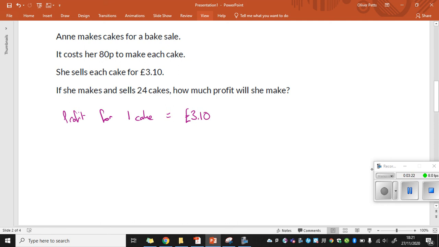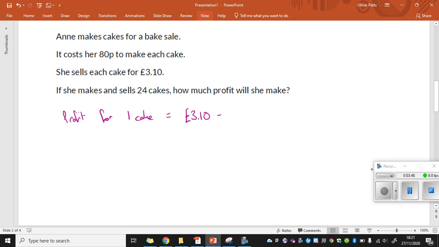It's not quite, because remember, she's had to pay for ingredients for this cake. So even though she's taken £3.10 in, she did lose some money at the beginning by having to spend that on ingredients. So we have to take away the 80p from £3.10 to work out her overall profit for each cake.